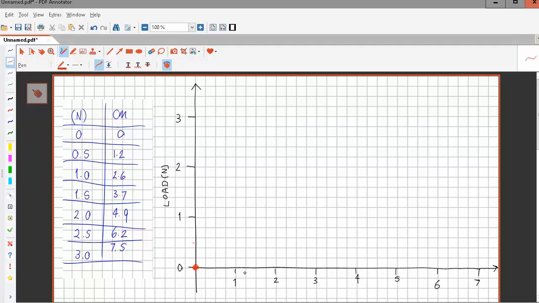Each one of these squares here is a quarter of a centimeter, worth 0.25, so it's going to be just over here. There we go. The next one is at 1 newton. It's going to be 2.6. So there's 2.5, and 2.6 will be somewhere in the middle here.